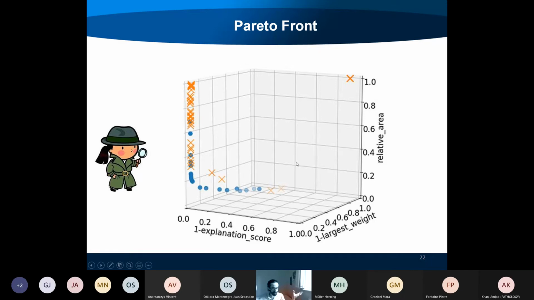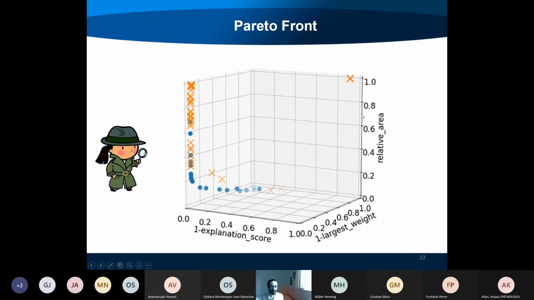We just generated a bunch of random parameters, segmented it randomly, and generated a bunch of explanations. And then we used the genetic algorithm, and you see that they start pushing the population towards this front here. This is the Pareto Front that I was talking about.